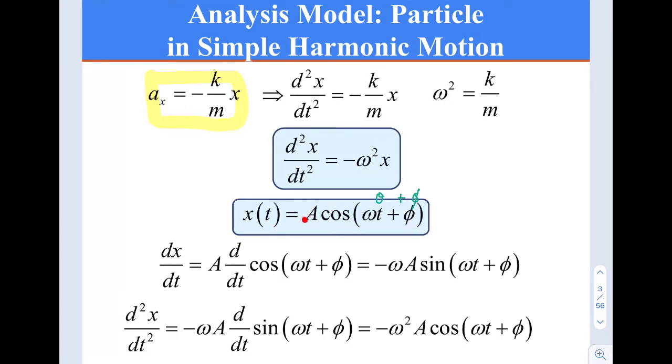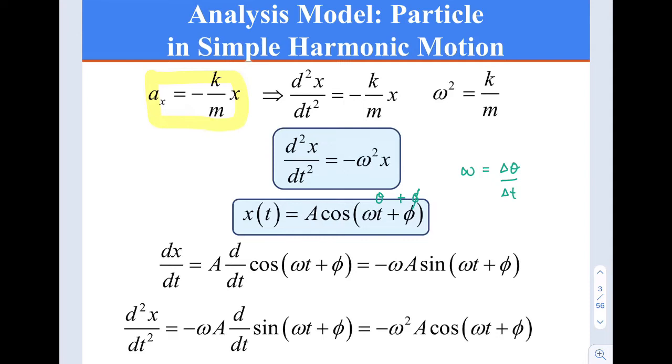What is a? A is the maximum displacement from the equilibrium position. Again, I repeat, a is the maximum displacement from the equilibrium position, or simply known as amplitude. And omega t is actually theta. Why is it so? If you still remember our previous lesson in physics 1, omega is actually delta theta over delta t.